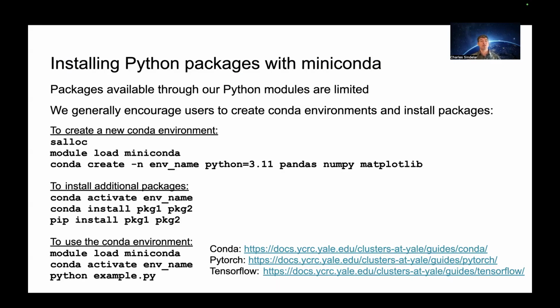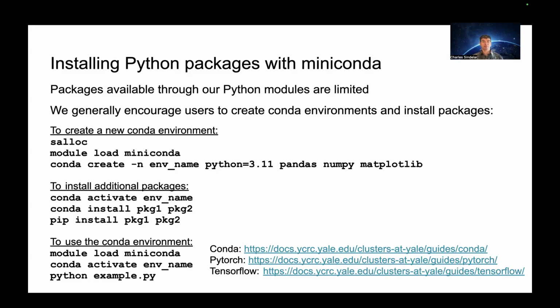Thereafter, once you have created the environment, you can activate it, and then start using it in your terminal. You can also install additional packages once you have activated the environment. And you can even use pip to install packages. That can be handy when Conda doesn't give you exactly what you need.